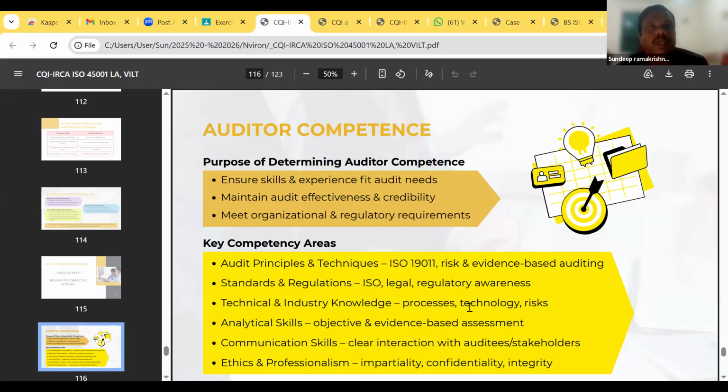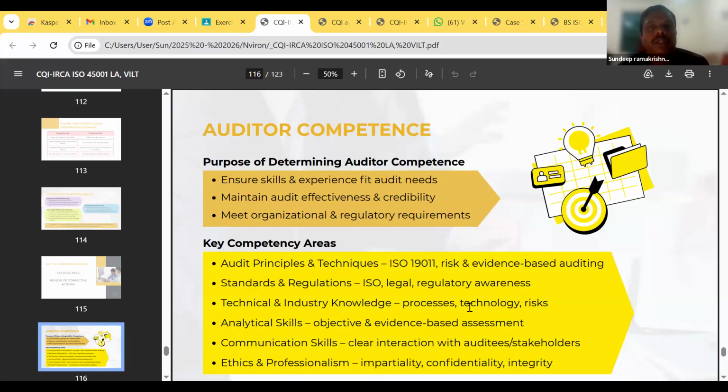But what is important is your ability to arrive at a judgment based on the given situation and stand by your judgment, right? So that is the most important analytical skill you need to develop. This will come only with experience and looking at the standard, looking at requirements, right?